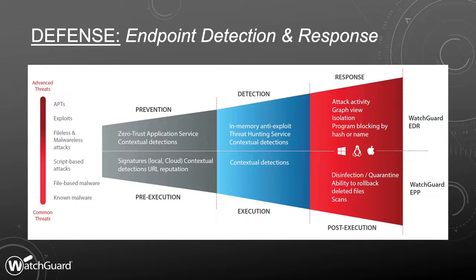EPP is all about stopping threats from running on a system. So it starts with signatures and contextual rules to quickly identify known threats and those suspicious code structures and stop them from ever running on the endpoint. Even during attempted execution, it can look at the context and make a decision on if it's going to allow that or not.